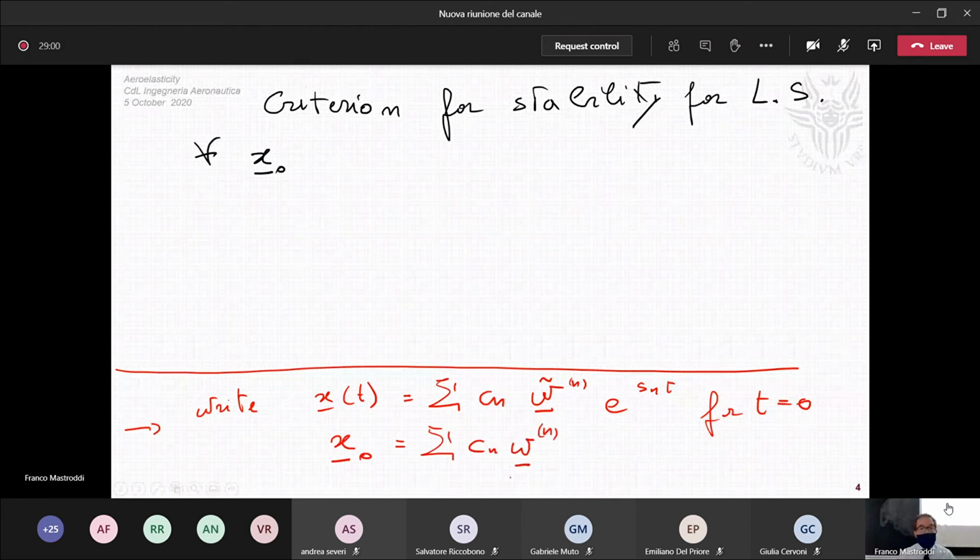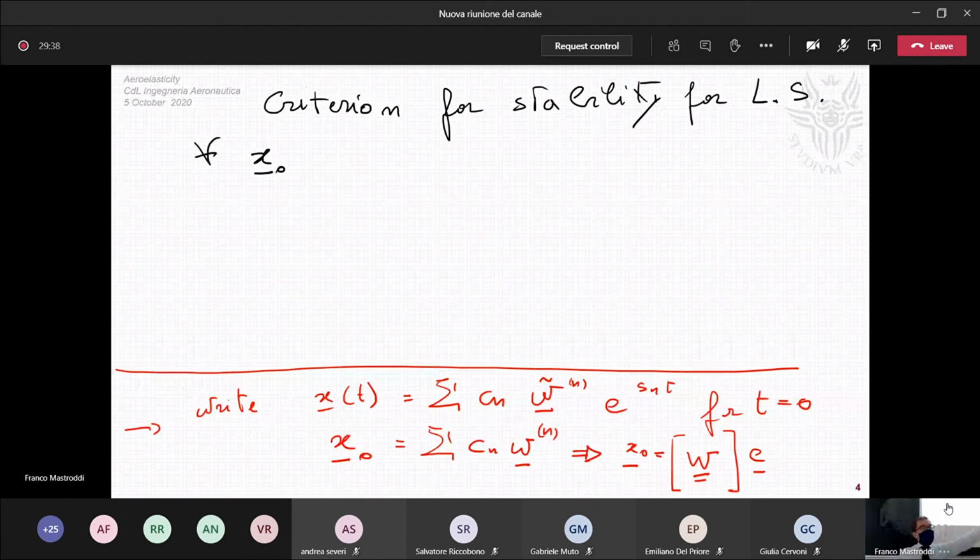So you have a linear relationship between your initial condition vector, a matrix built by the eigenvectors, column by column, this well-known eigenvector matrix, applied to the coefficient vector C. So you have a linear correspondence between the C coefficients and the initial condition. So the C coefficients are the initial condition.